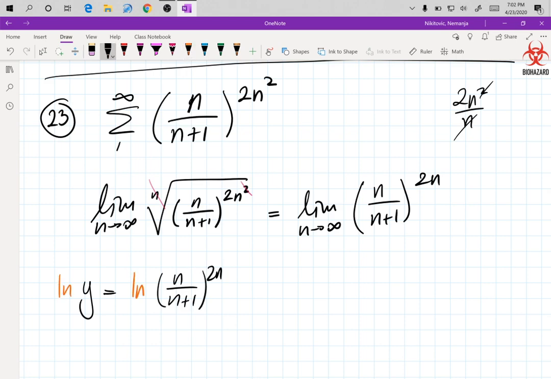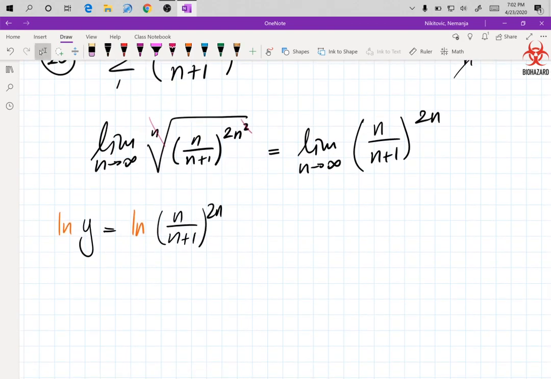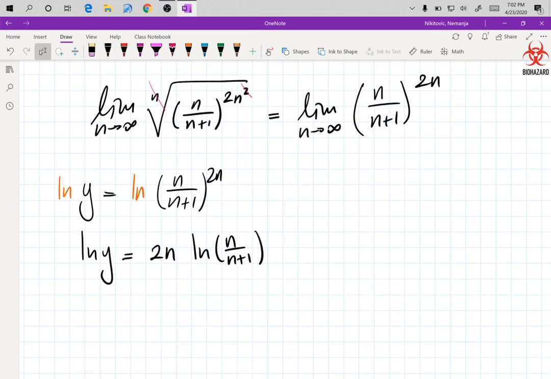So we are using logarithmic differentiation and L'Hopital will kick in. So now I have ln y equal to 2n ln of (n/(n+1)). I forgot to put in the limit. Oops.